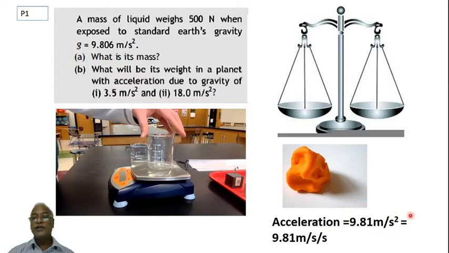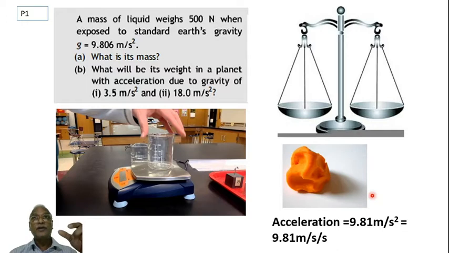To understand it in a better manner, you can put it this way: 9.81 meter per second it is. That is to say, when an object freely falls, it gains a velocity of 9.81 meter per second for every second. You let an object fall. After 1 second, it will reach a velocity of 9.81 meter per second.